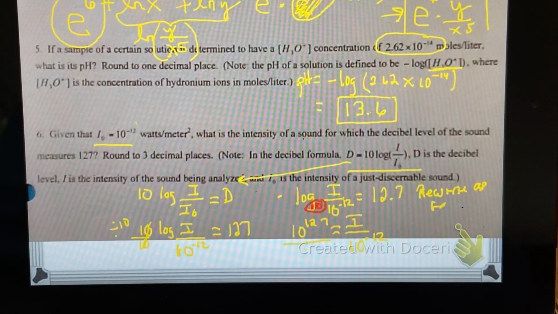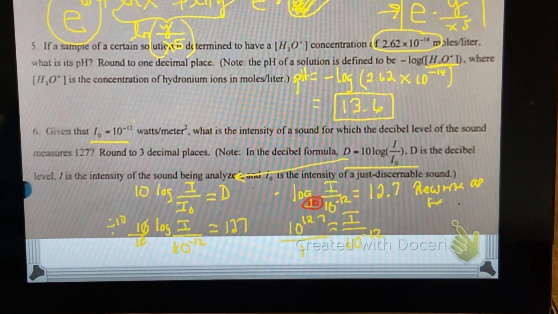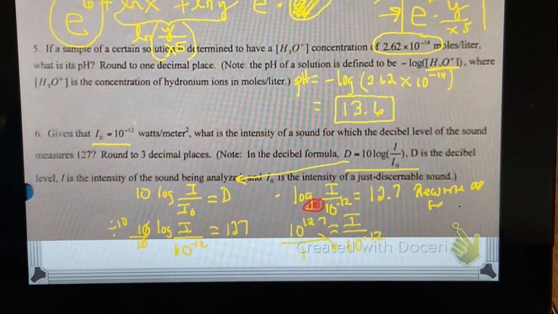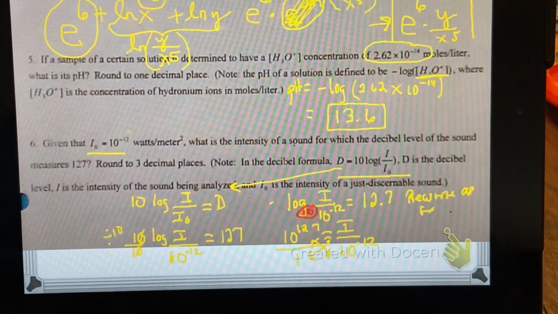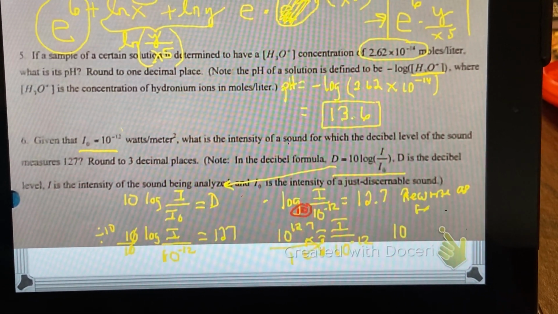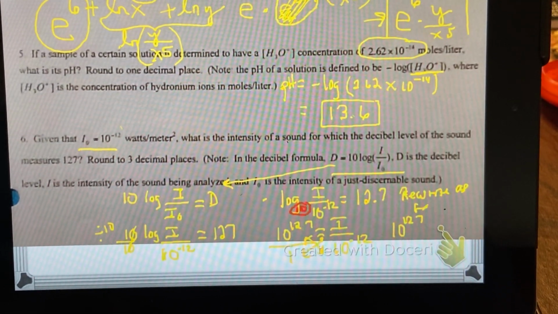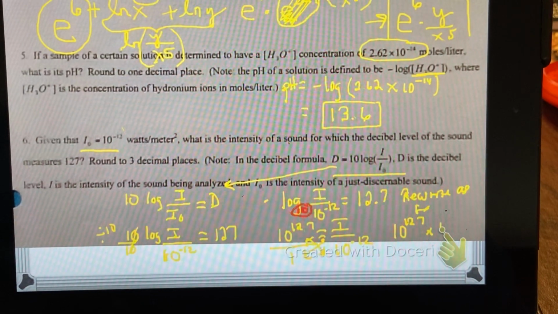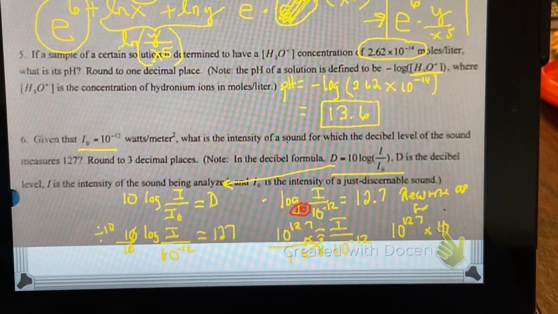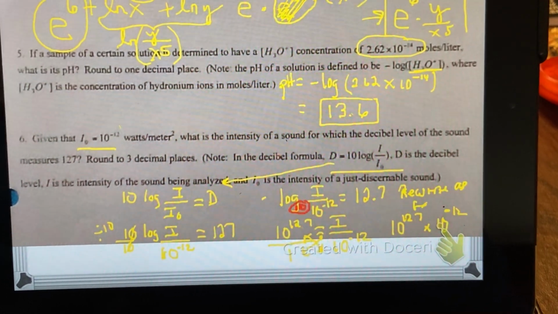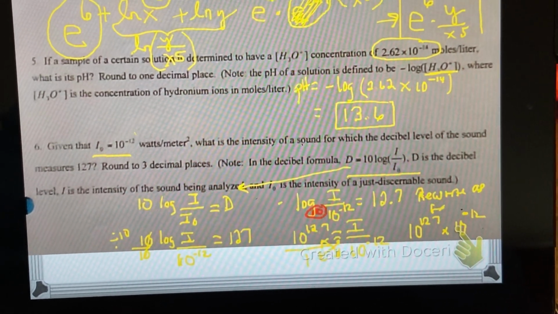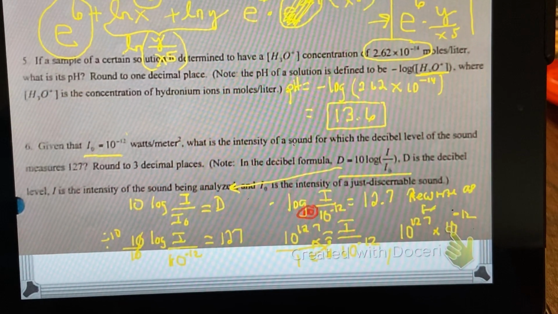Now, I'm going to put a 1 underneath that. I'm just solving for I. So cross multiply. So you're basically doing 10 to the 12.7 times 10 to the negative 12. And your calculator can handle that with exponents. So when you multiply that out, you're going to get the initial intensity.